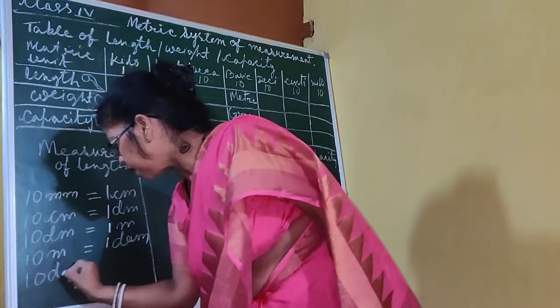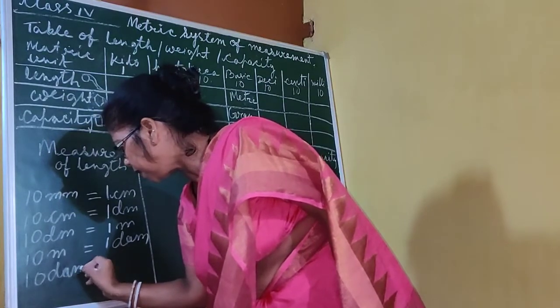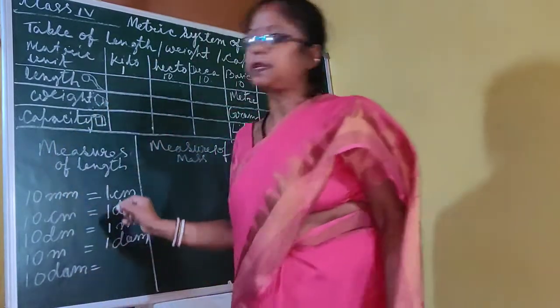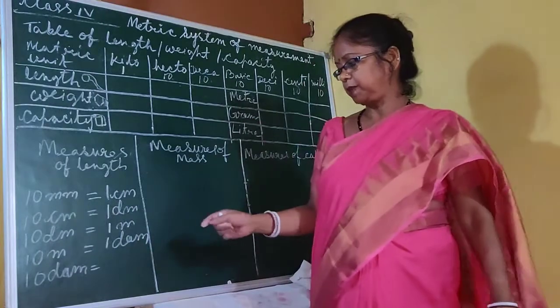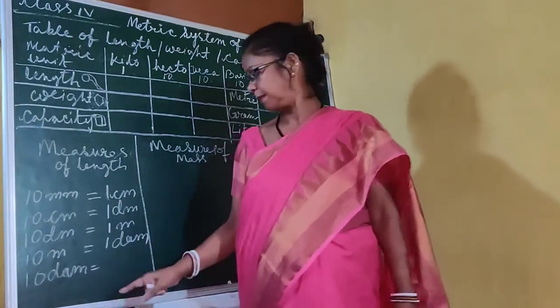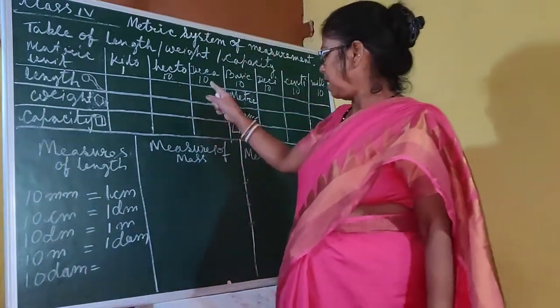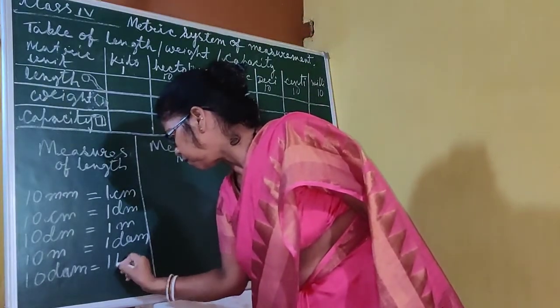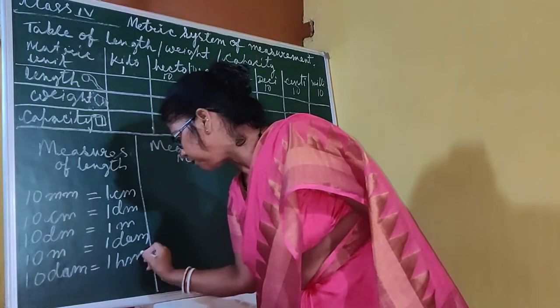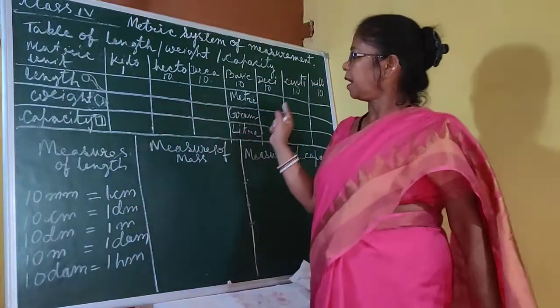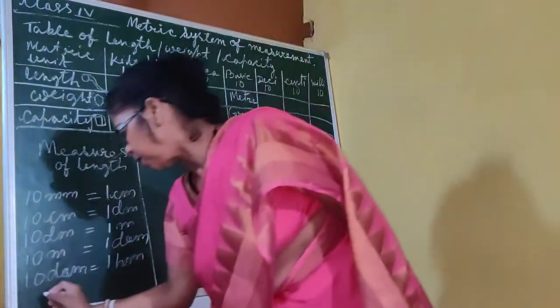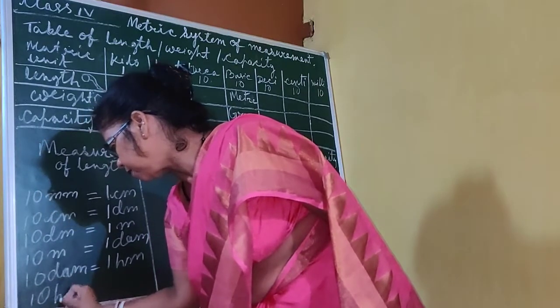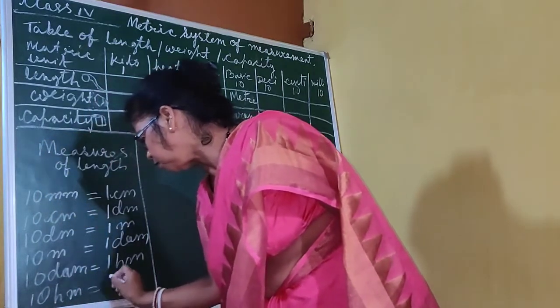Short forms: decimeter is dm, decameter is dam. 10 decameter equals 1 hectometer, short form hm. Then 10 hectometer equals 1 kilometer. 10 hm equals 1 kilometer.